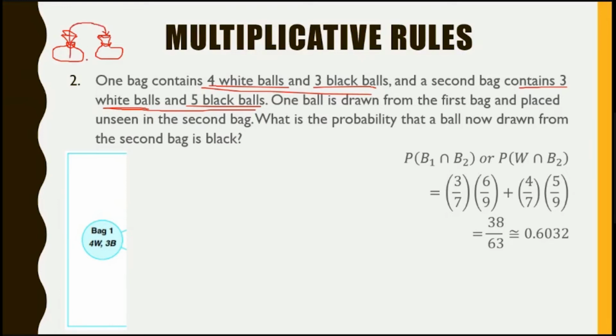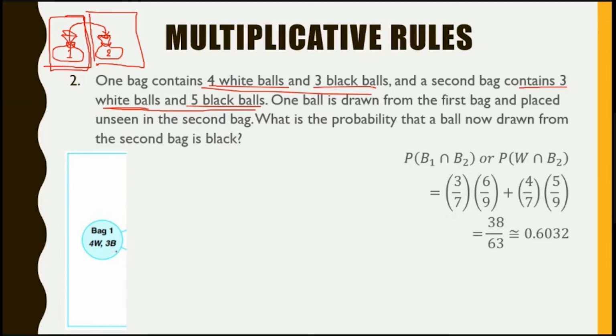Now, our first event will be getting the ball from the first bag. Then the second event would be getting the ball in the second bag. However, in the second bag, there is already another ball that is added from the first bag. Initially, our first bag has 4 white and 3 black balls.